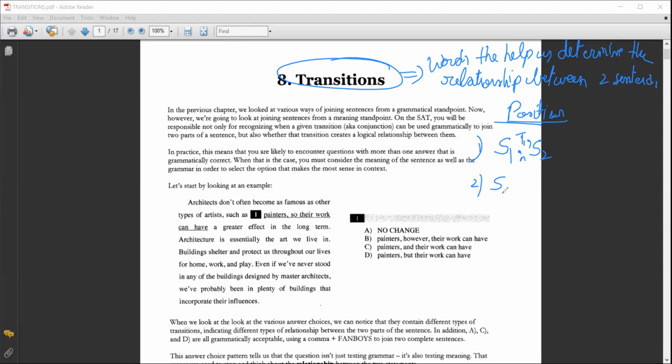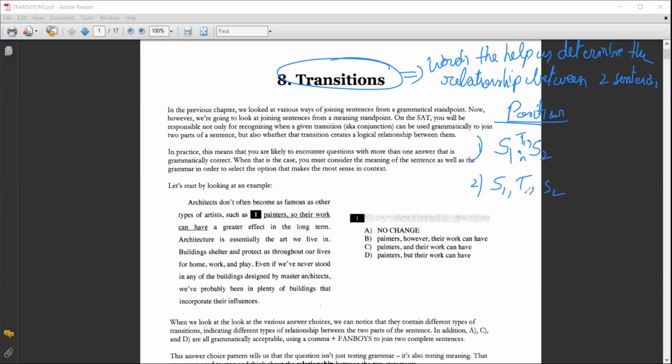Sometimes it's sentence one, comma, transition, comma, sentence two. When a transition is between two commas, you have to remember, like I have already taught in punctuation, anything between two commas is treated as non-essential.